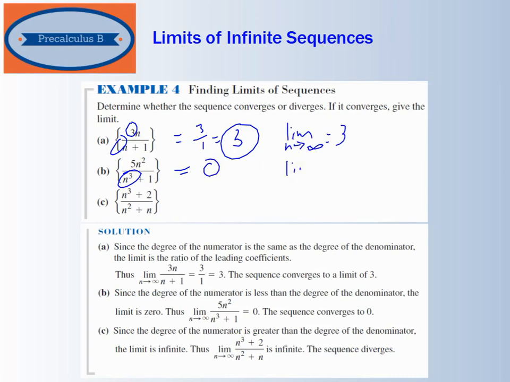The second one, the limit as n approaches infinity is going to equal 0. In the third one, we have a higher degree in the numerator than in the denominator, and therefore the limit would be infinite, or the sequence diverges. All right, the limit is infinite, therefore it diverges. So the first two converge and the last one diverges.